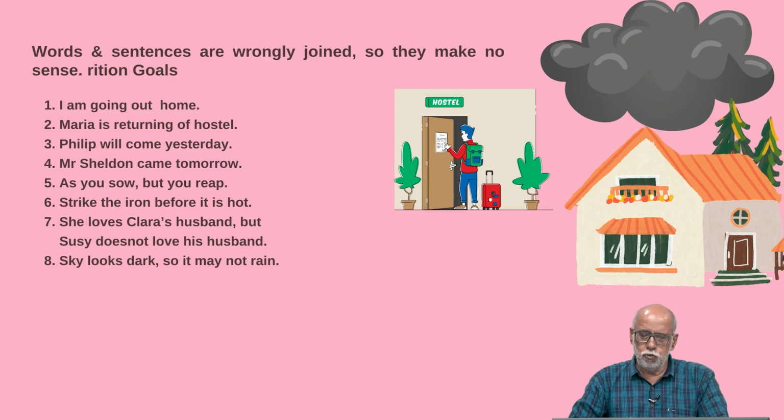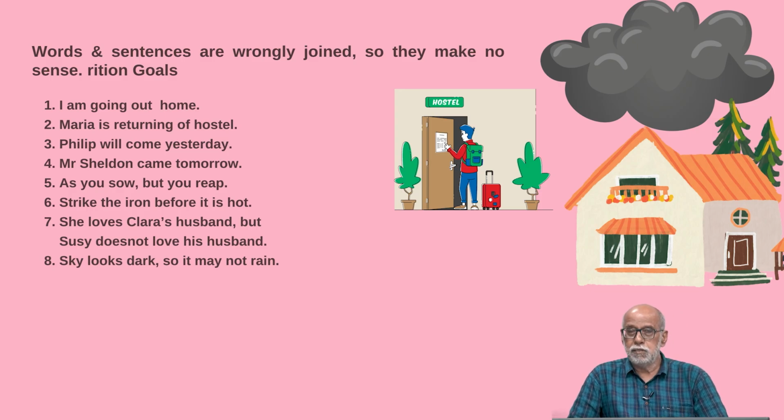And I will show you from examples where some experienced writers, particularly experienced academic writers in sciences, social sciences, also in languages, sometimes because of oversight, make mistakes of this kind.